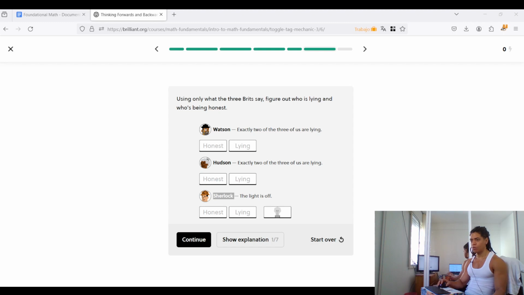if Watson and Hudson both are lying, then it means that they're saying the truth, meaning the exactly.